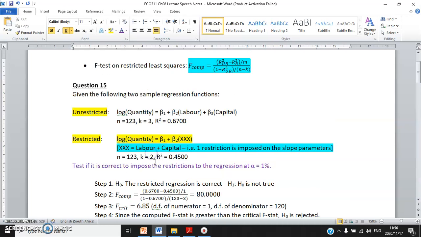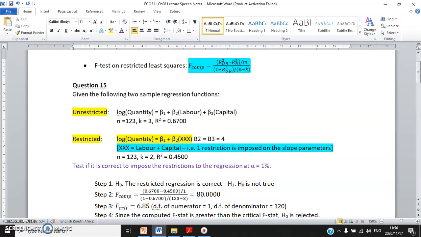So now I want to run the f-test. Is it the correct decision to impose the restriction? So think about using theoretical thinking. If I assume that B2 equals B3, then it means the impact of additional labor and capital quantities on output would be exactly the same. Okay, so think about if B2 equals B3 equals 4, then it actually means if labor increases by 1 unit, the log of output would increase by 4.